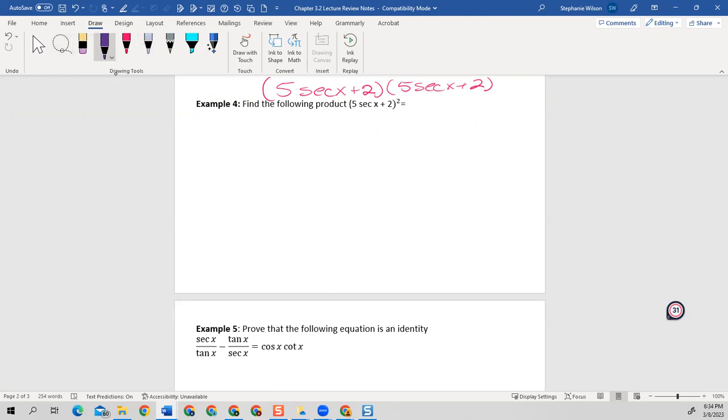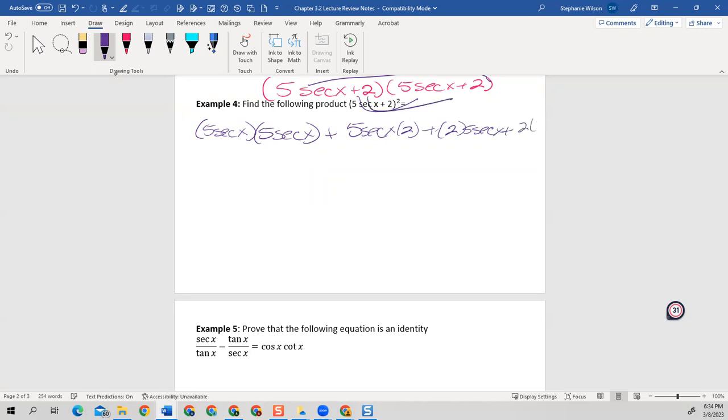All right. So it says that we're going to take the first, which is 5 secant x, times the first and the second parentheses, 5 secant x plus, and then I'm going to take the 5 secant x times that 2 plus, that 2 times that 5 secant x plus 2 times 2.